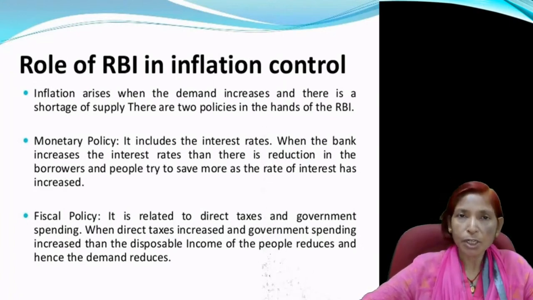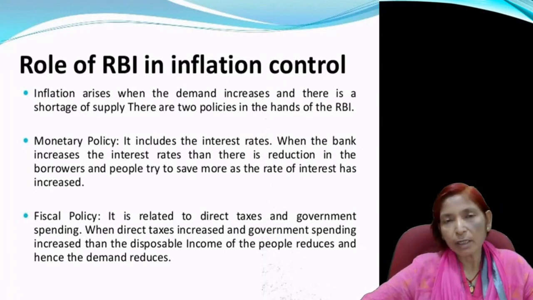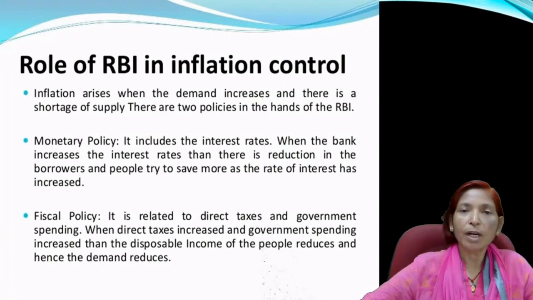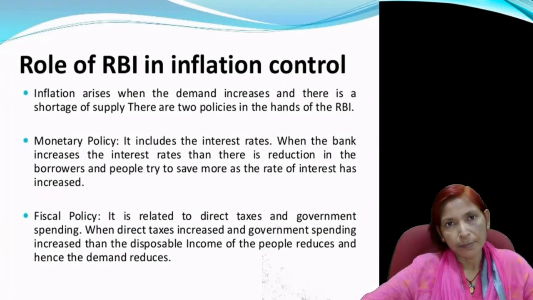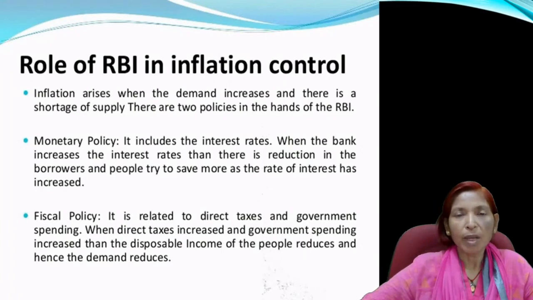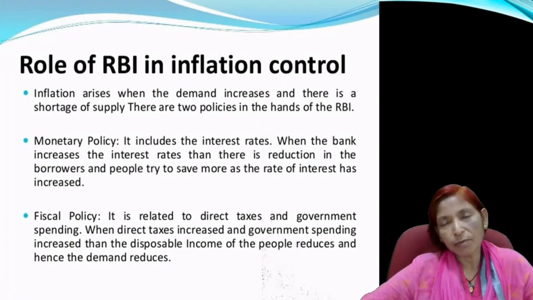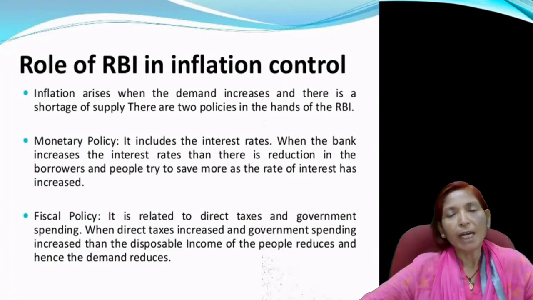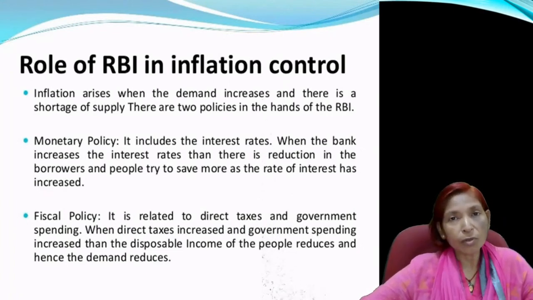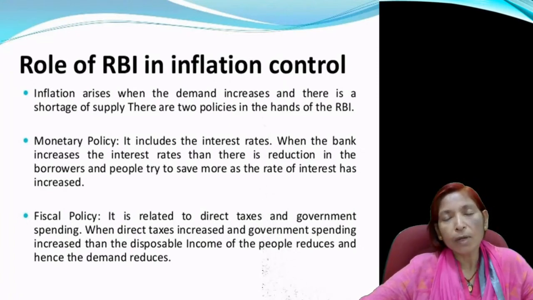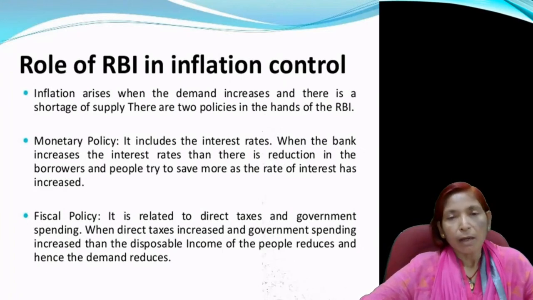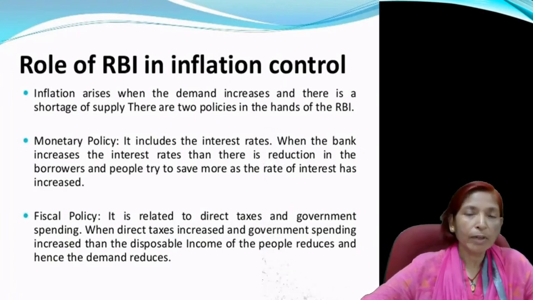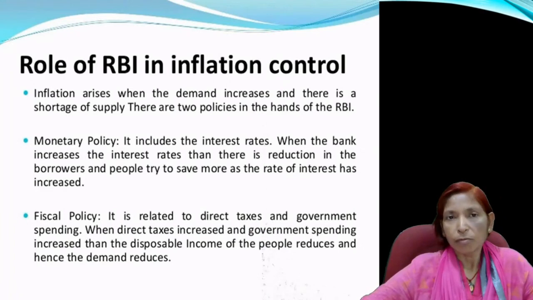And one is cost push inflation. If cost of production increases, then price of the product will also increase, and in this case inflation occurs. So inflation may be of so many types: demand pull inflation, cost push inflation, creeping inflation, mild inflation. Mild inflation is that situation in which price rises at a very low rate, and then walking inflation, running inflation, galloping inflation, and hyperinflation.